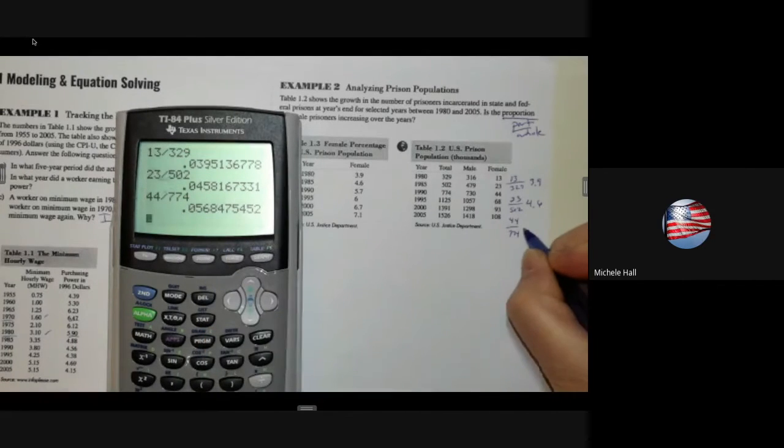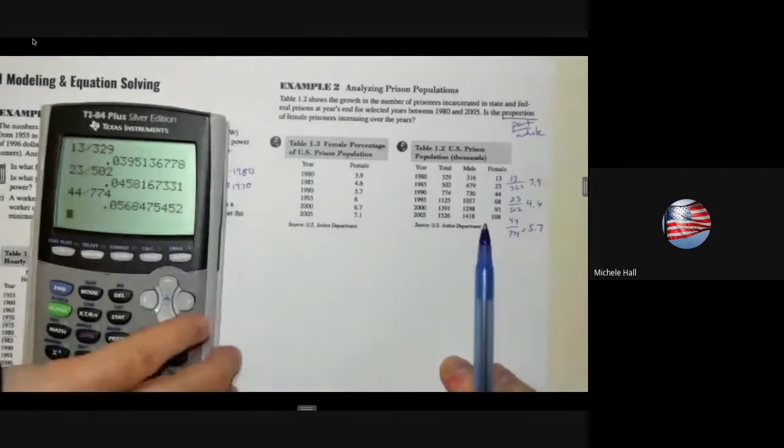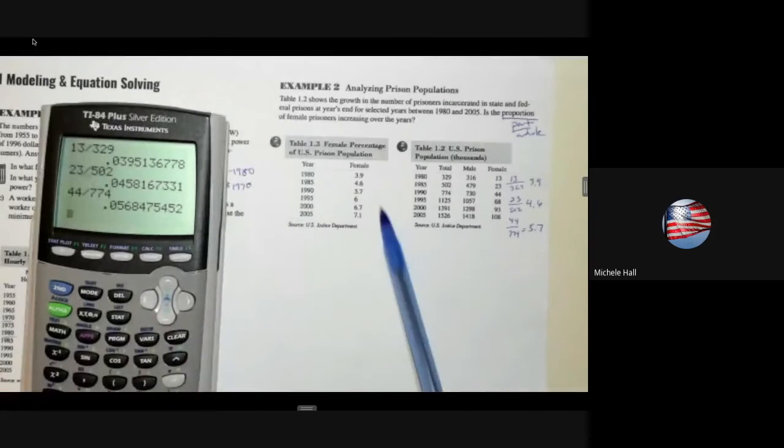It seems like it's definitely increasing. Is the proportion increasing over the years? Yes. And you can actually see right here 3.9, 4.6, 5.7 that it is increasing.